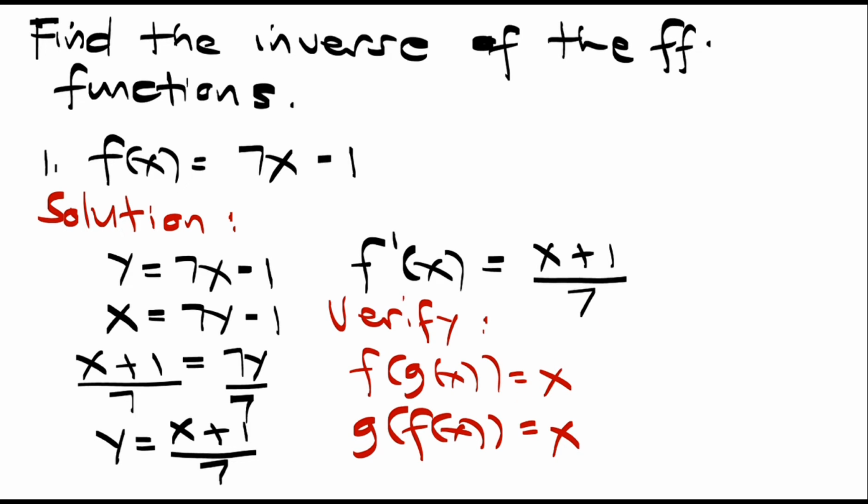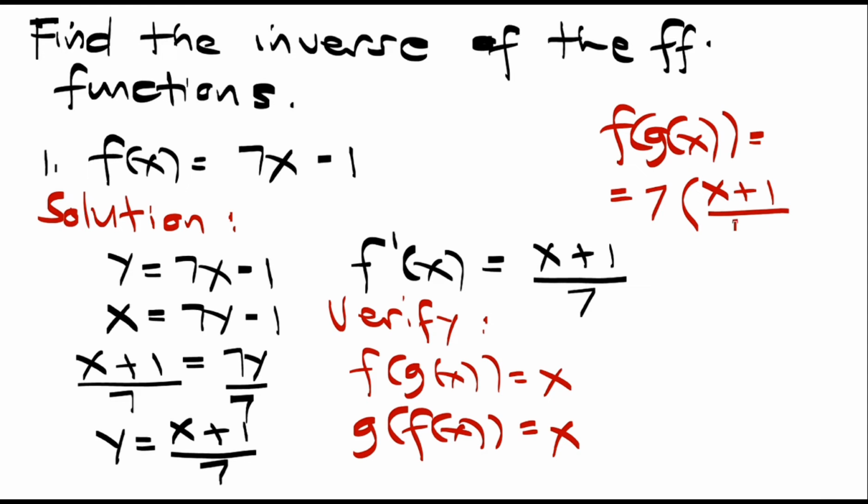So here, by verifying first f of g of x, this will be equal to, again we'll be using the function f, and its variable will be replaced by g of x. So we have here 7 times g of x, which is the obtained inverse function, x plus 1 all over 7. We have minus 1.